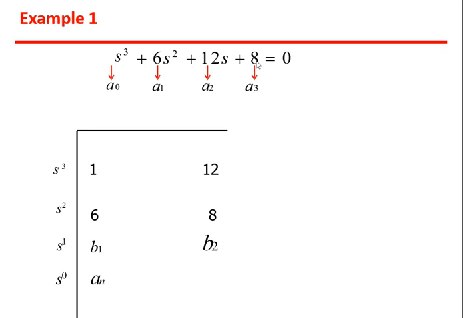I think you know this: s raised to 0, s raised to 1, s raised to 2, and s raised to 3. So in short, A0 is 1, A1 is 6, A2 is 12, and A3 is 8. Now first we take A0 and A2, the even coefficients: A0, that is 1, and A2, that is 12, that we have taken.